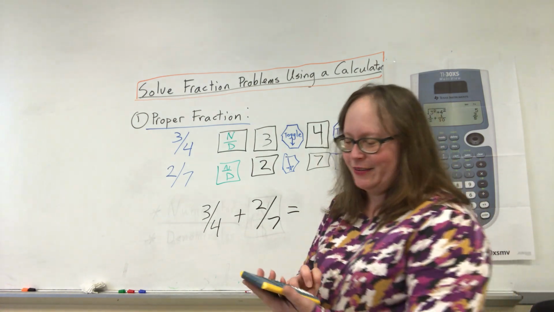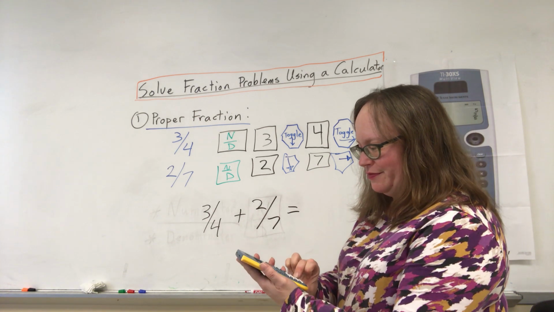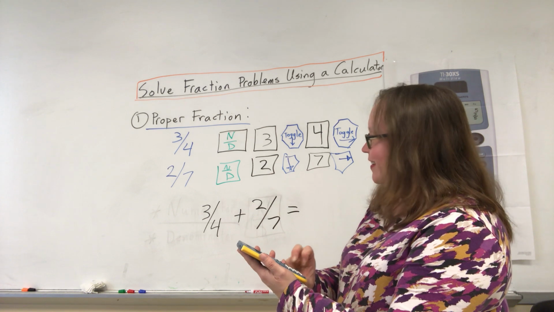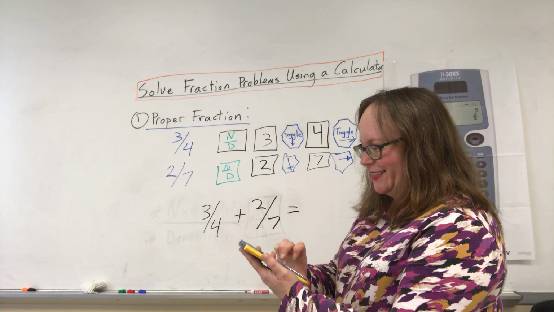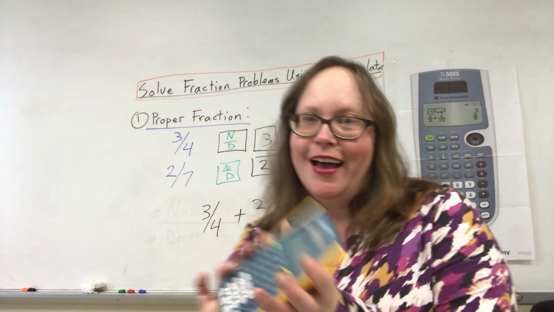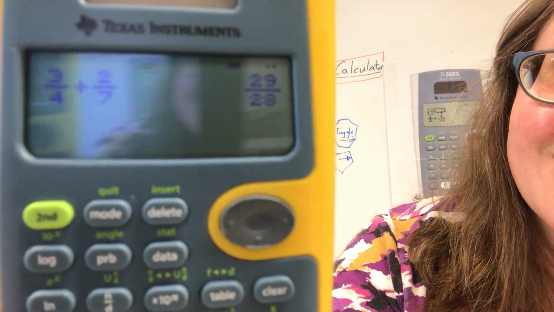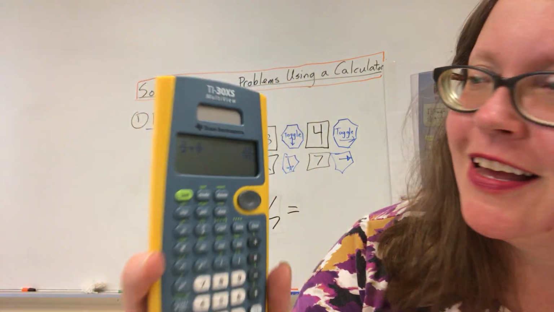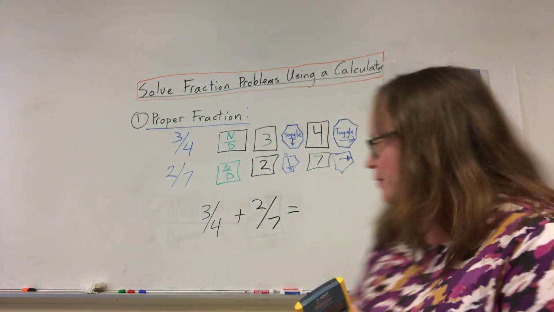Let's see. Does your calculator screen look like this? I hope so. The answer is 29 over 28.